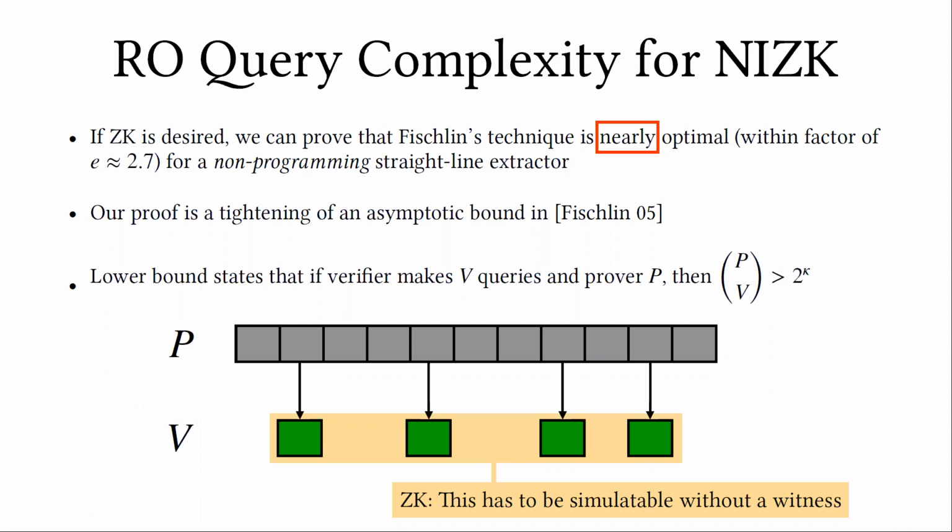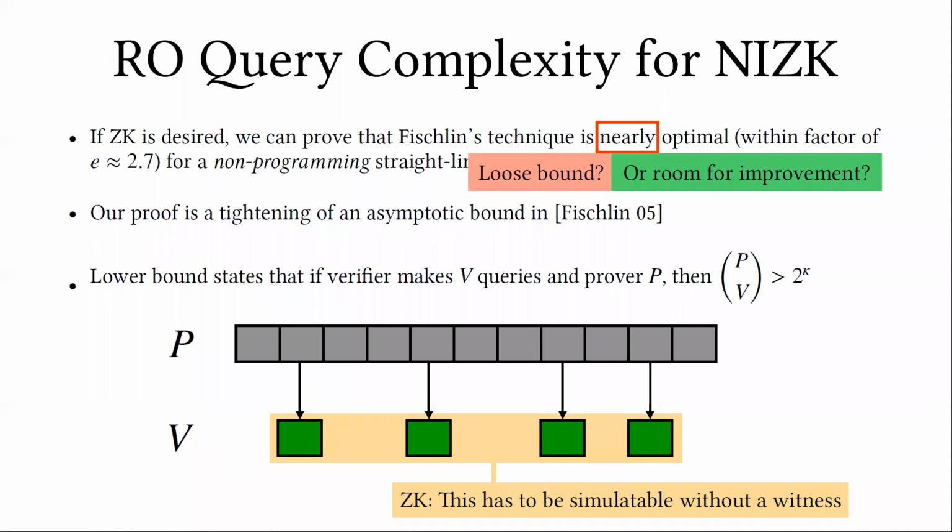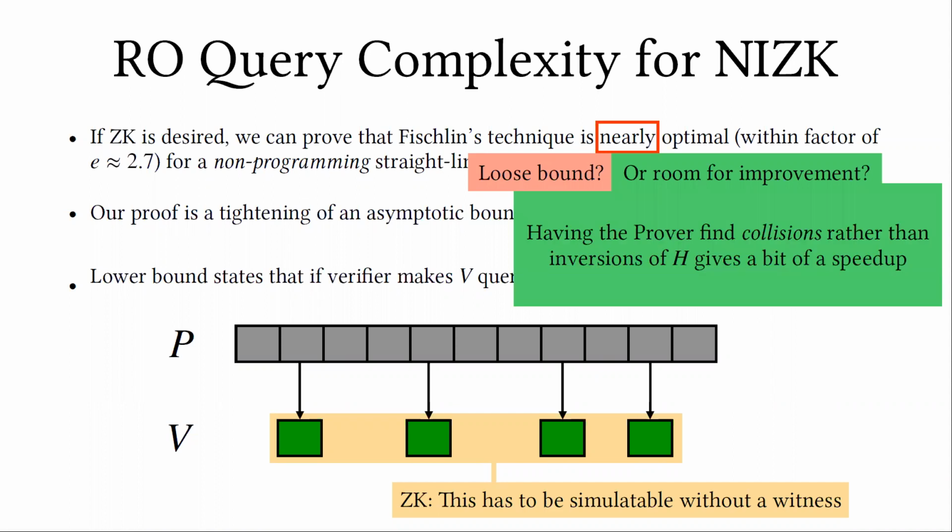It turns out that Fischlin's technique is nearly optimal if we consider this to be the metric. And when I say nearly, this presents some opportunities for more questions. Either it's a loose bound or there is some room for improvement, and it turns out we're in the latter case. One way to view Fischlin's technique is that we make the prover solve a sort of proof of work problem, which is inverting a hash function using these Sigma protocol transcripts.